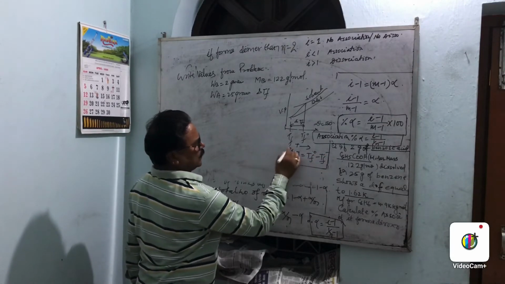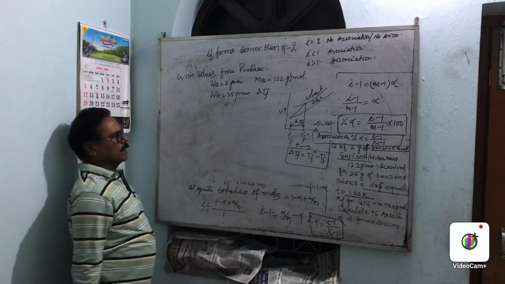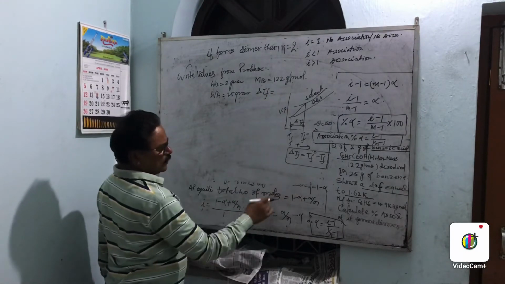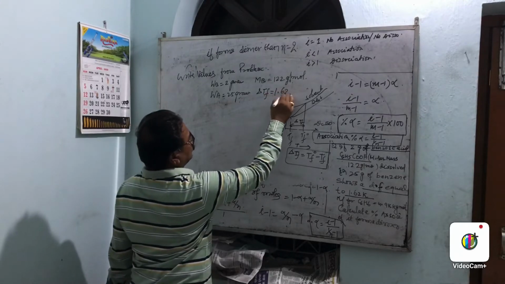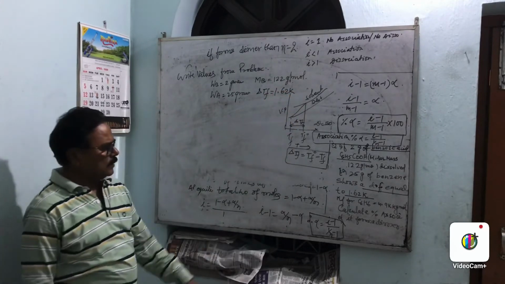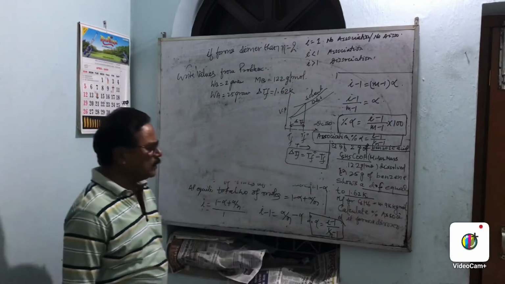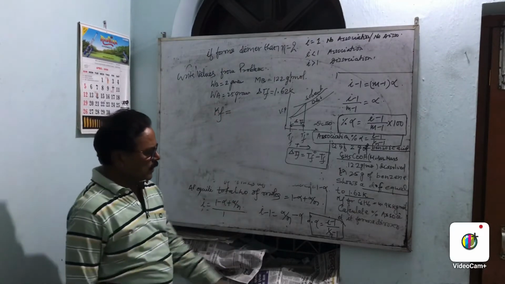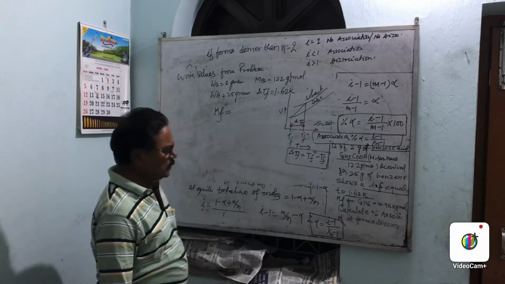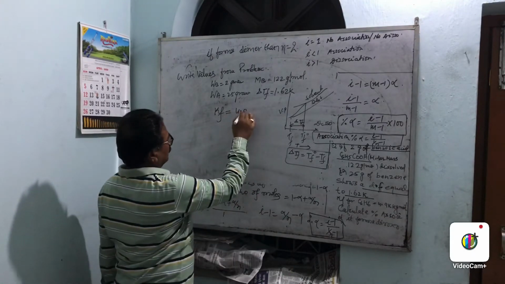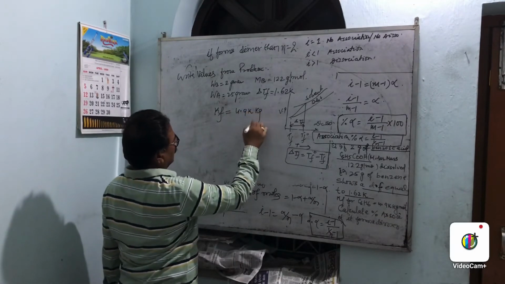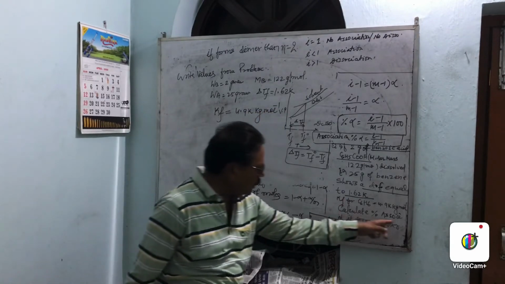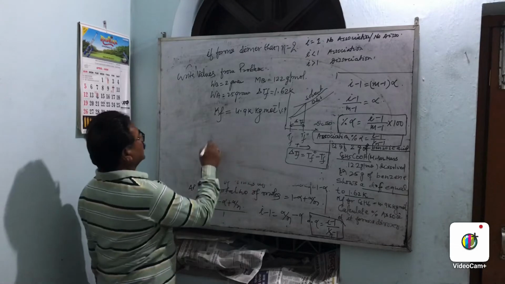This is the expression and this is the concept of the graph. Delta Tf is given as 1.62 Kelvin. Kf for benzene is also given, and the value of Kf is 4.9 Kelvin kilogram per mole.